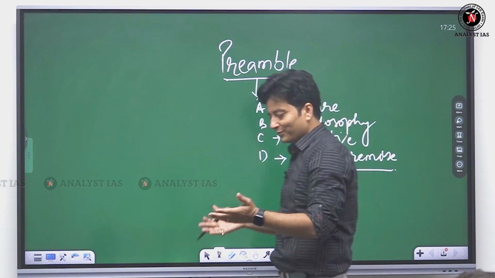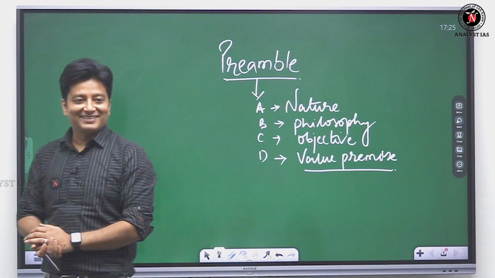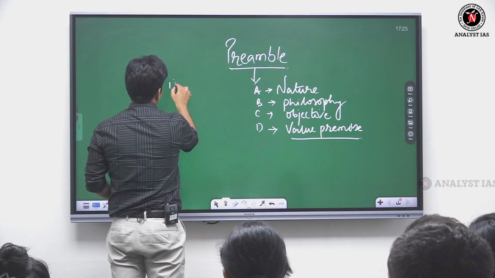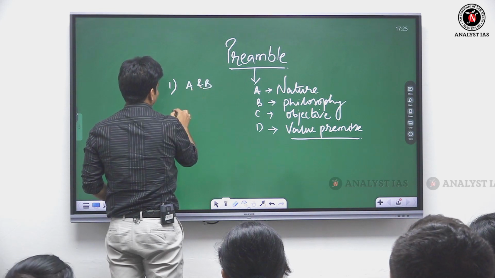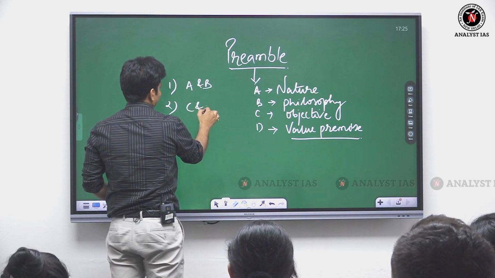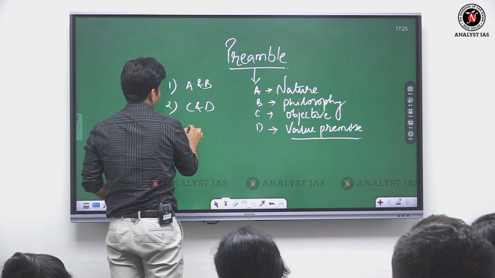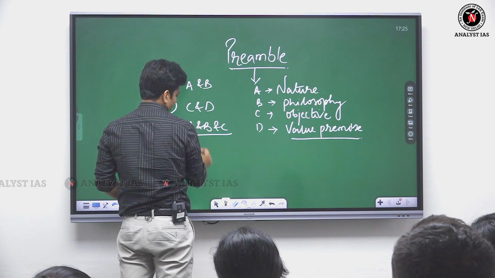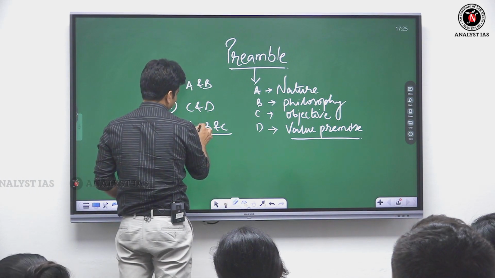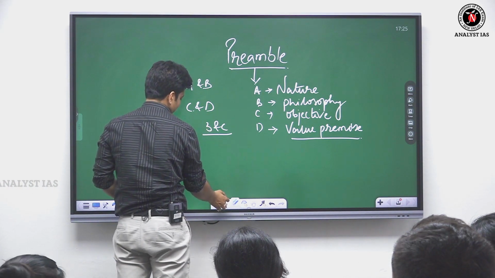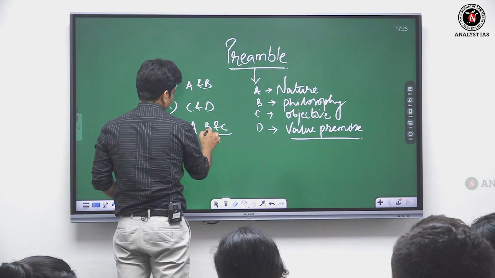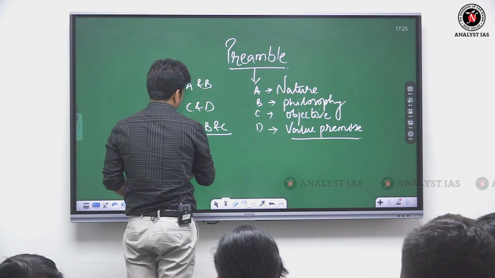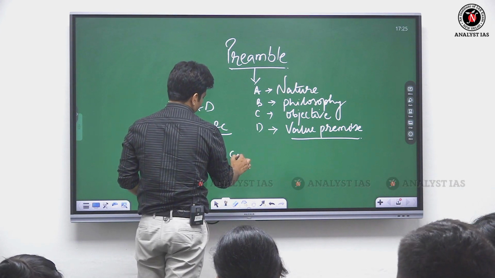Now it is a conceptual question. If I give you the options that 1, A and B are correct, or 2, C and D, or 3, A, B and C, and fourth, all are correct.